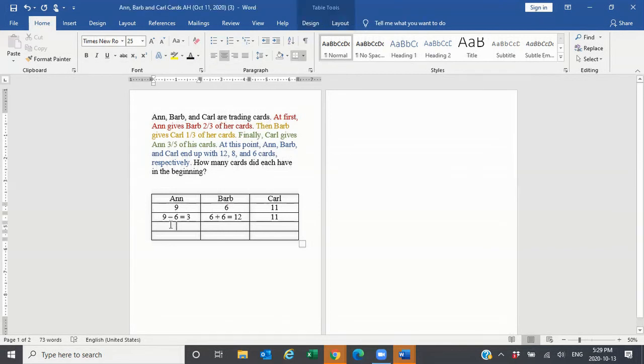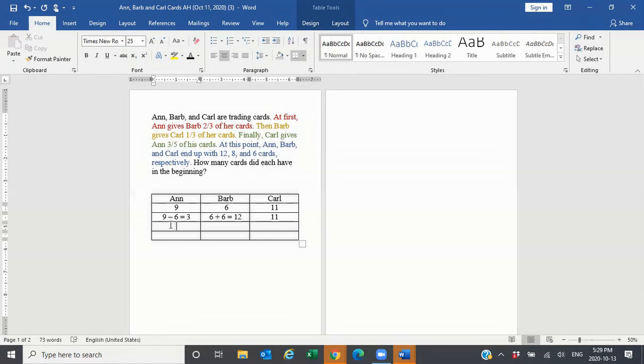Now on to the green. It says, finally, Carl gives... Wait, I missed the yellow. Almost made a mistake there. It says, then Barb gives Carl 1/3 of her cards. That was a close one. Okay, Barb has 12 cards. If we divide 12 by 3, we should get 4. So that means each third represents 4.